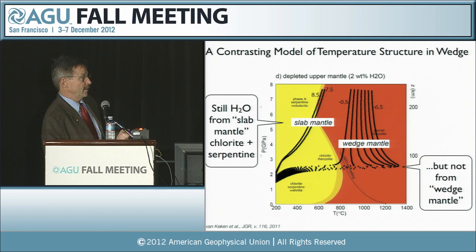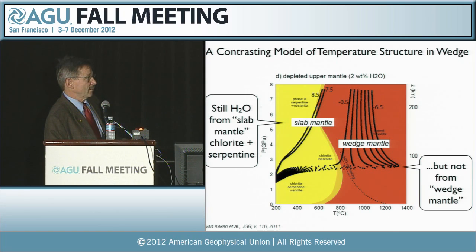Now, more recently, Peter van Keken et al. have been looking at different thermal models, and they really give a contrasting result. And this is one that's actually in a rather cool environment. It's Marianas, I believe. And what it says, basically, it's a little bit different rendering, is that you would still have H2O coming out from the slab and mantle, but you wouldn't necessarily have chlorite stable in the overlying mantle wedge.